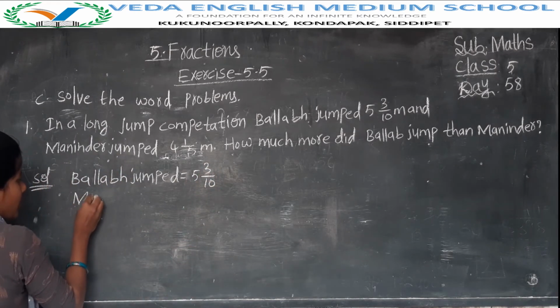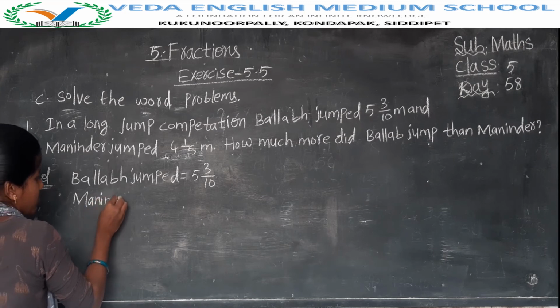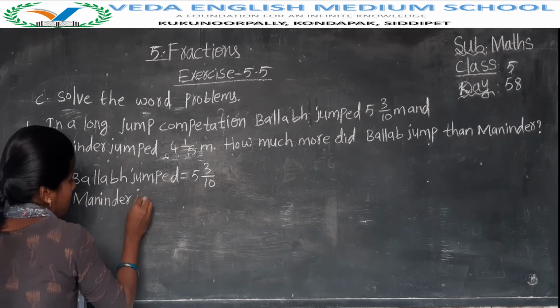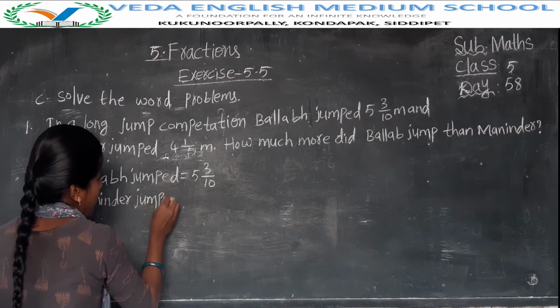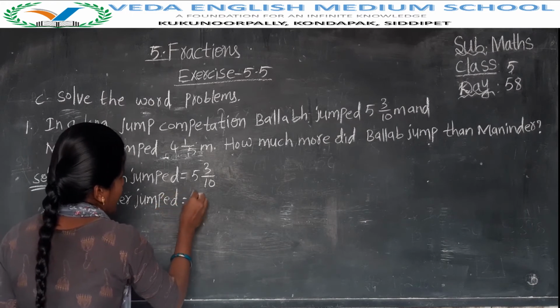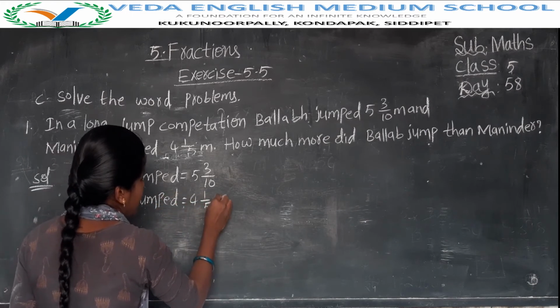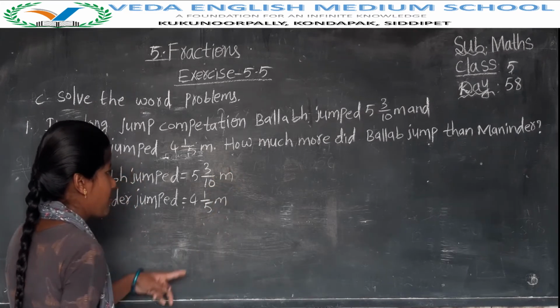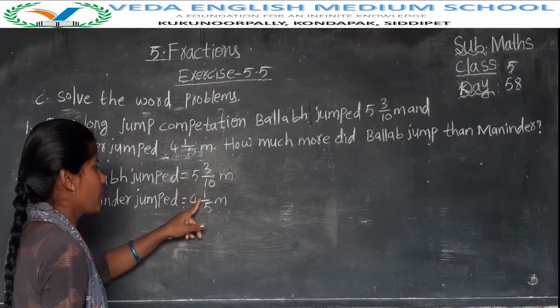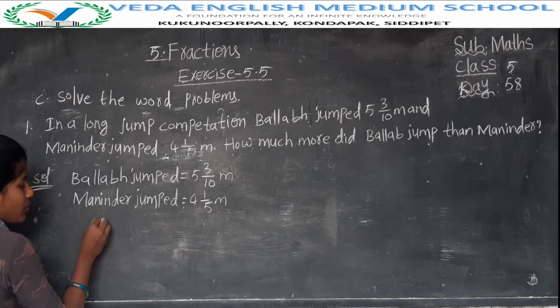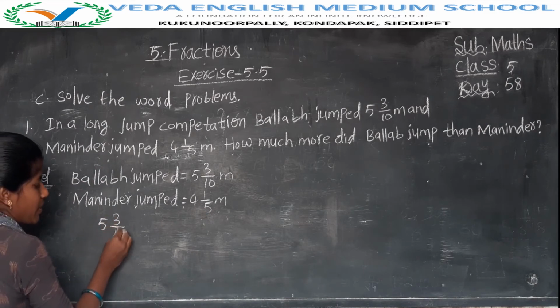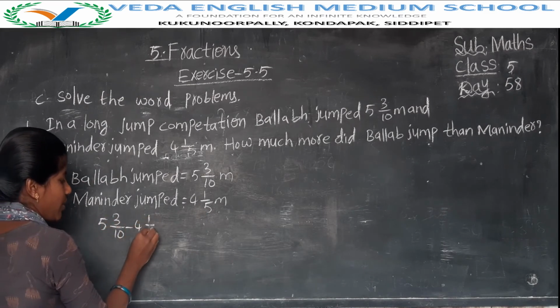Maninder's jump is equal to 4 into 1 by 5 meters. Then you have to subtract: 5 into 3 by 10 minus 4 into 1 by 5.